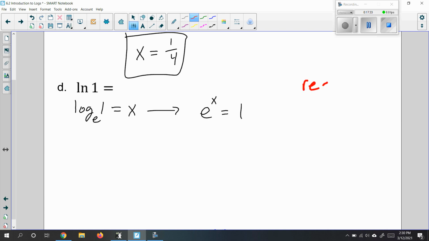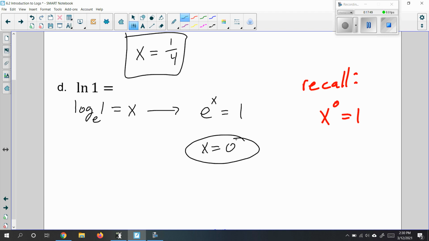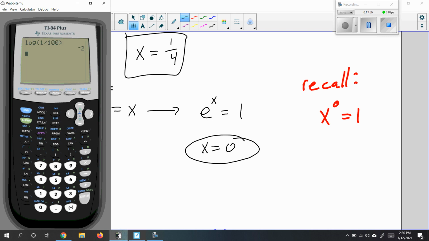Well, recall that x to the power 0 is equal to 1. Anything to the power 0 is 1. So that means that x is equal to 0. And we can evaluate this in our calculator to verify we're correct. The natural log of 1 is equal to 0.